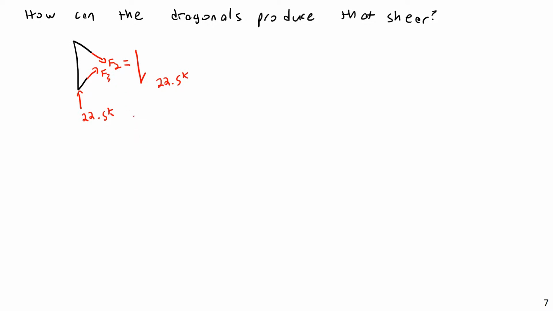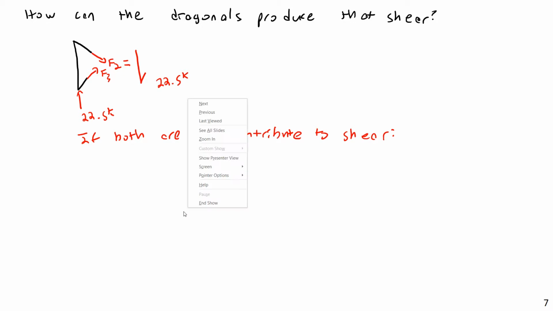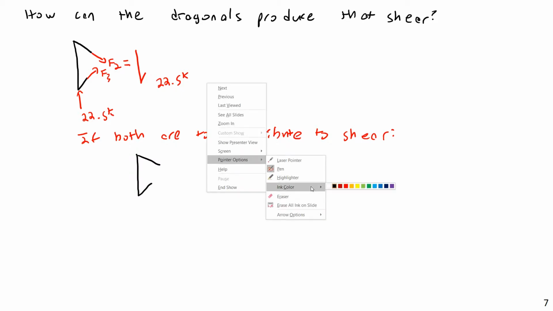If I want both of them to contribute to shear, and avoid canceling each other out, then I need both of them producing a downward component. So F2 would be like this, and F3 would be like this.